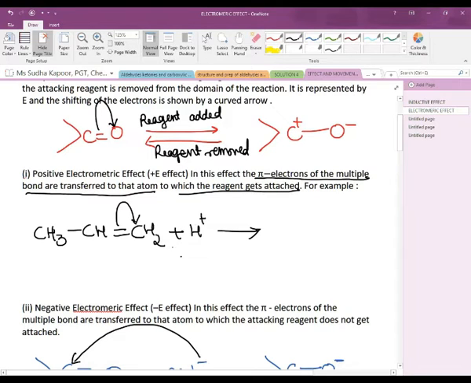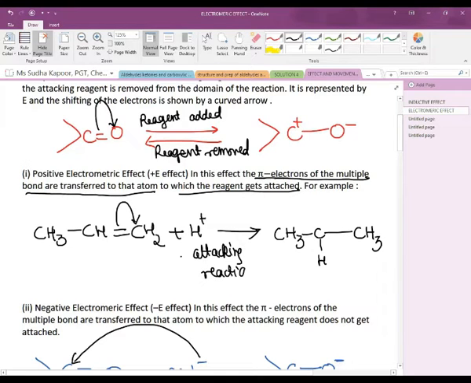The H positive is added on the same one because carbon becomes negative by the gain of the electron pair. So CH3, the center carbon is having one H, double bond is converted into single, and the H is taken by the CH2 part because it is negative and H is positive in nature. And H positive here is acting as the attacking reagent.